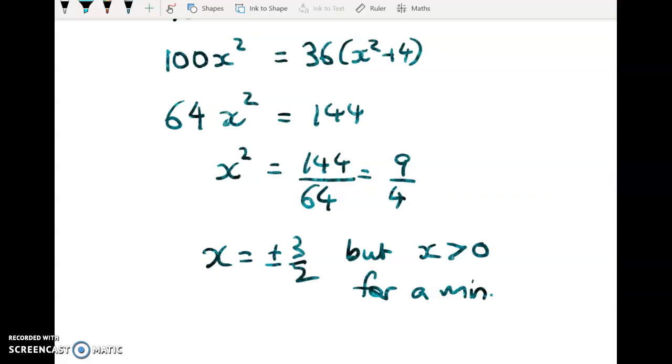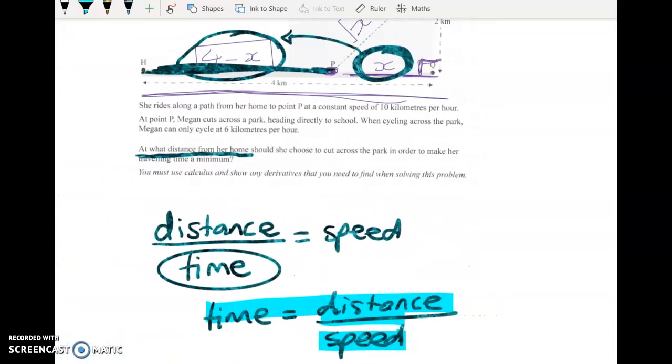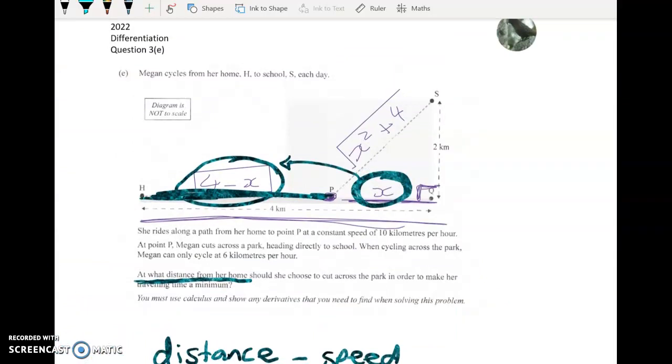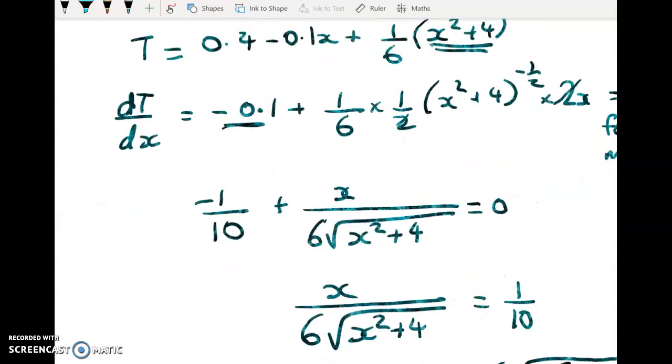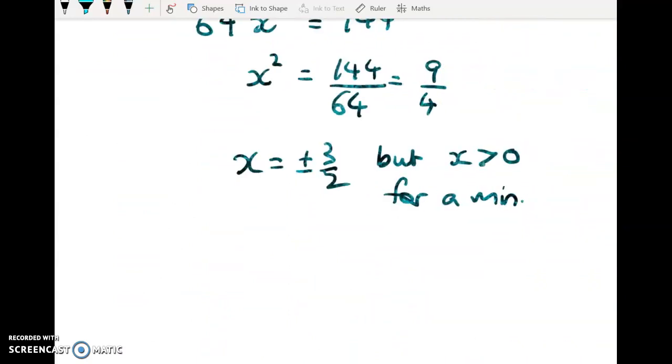But I think it's pretty intuitive here that if we take the negative number, that actually does have meaning here. But that would be really weird, right? That would mean that she was going this way first, and then she was going all of that way to get to school. It doesn't really make any sense. I'm getting sidetracked. All you've got to say here, guys, is that x is equal to 3 over 2, right?